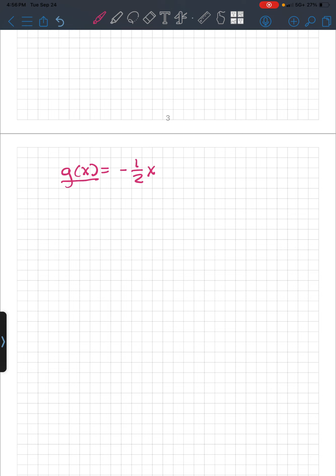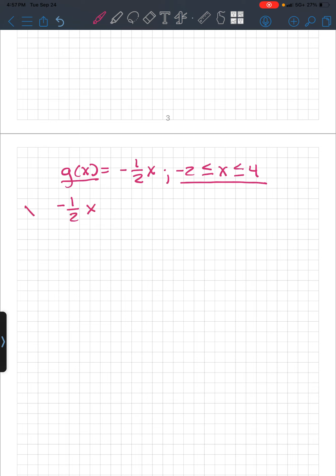And they use different letters just to differentiate between. You may have 2 functions at the same time. So that means we're going to put these numbers in for x. So I could put every number in, or I can just put some of them.